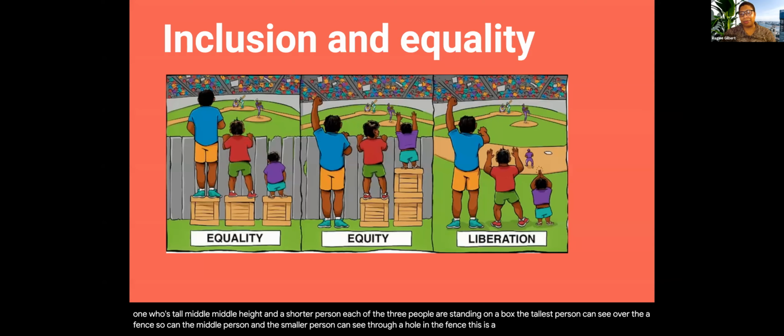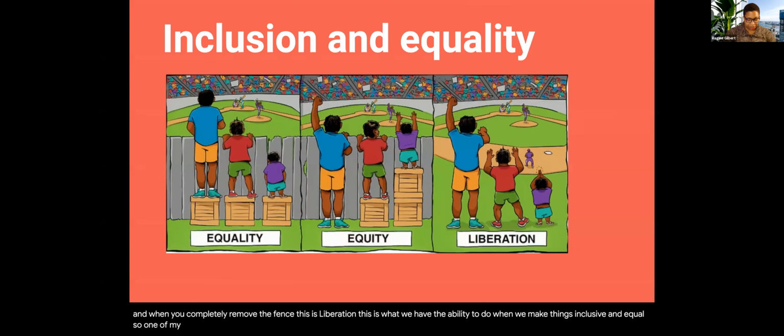This is equality. Equity is where the tall person can see over the fence without a box. The middle person is standing on 1 box, and the smaller person is standing on 2 boxes. This is equity. And when you completely remove the fence, this is liberation. This is what we have the ability to do when we make things inclusive and equal.